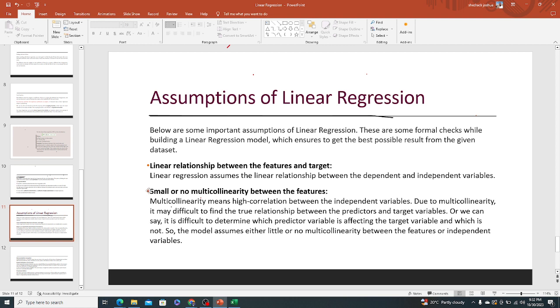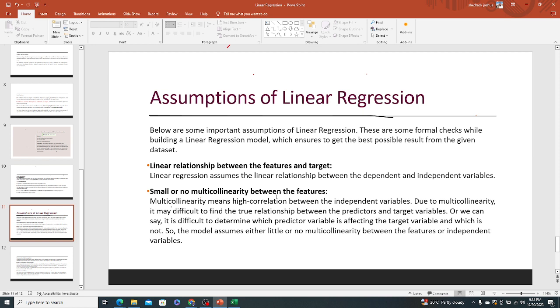Then the second assumption is there should be small or no multicollinearity between the features. More so when we are dealing with multiple linear regression, we should not have a relationship between the independent values.